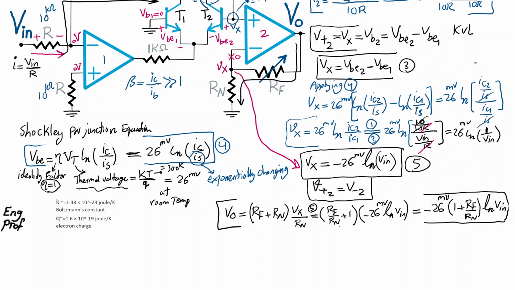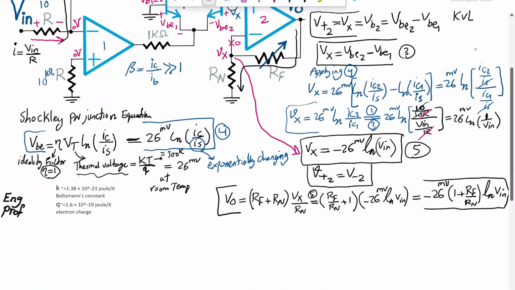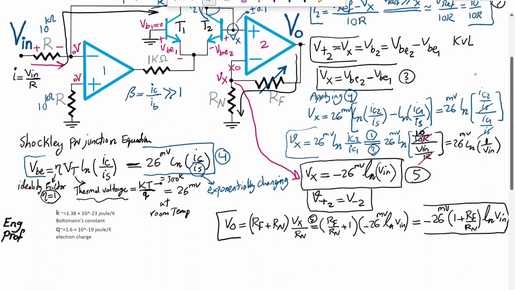So the last step is to show how we can achieve any base logarithm that we're interested in. I'm going to show that Vout is minus 26 millivolt times 1 plus Rf over Rn, and we know that ln is simply log base e. So what I'm writing here is log base e, natural logarithm, of Vn.